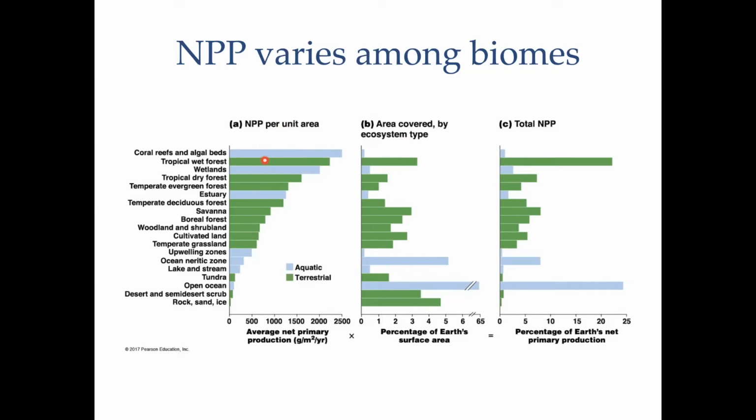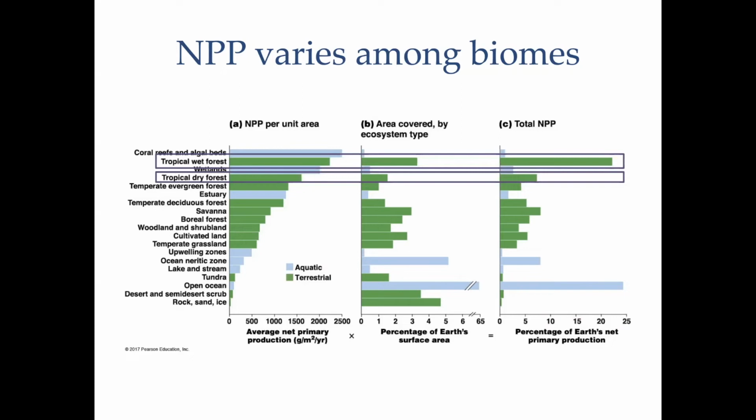The tropical wet forests are actually contributing around 25%. And even though open oceans are very unproductive, with not a lot of productivity per unit of area, because they cover a lot of our earth, we are going to see that they're also responsible for almost the same amount as our tropical forests to our net primary productivity.